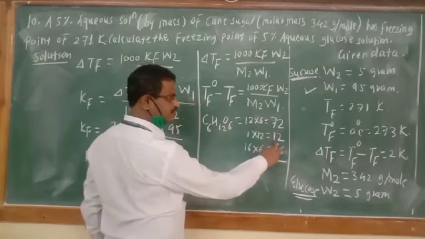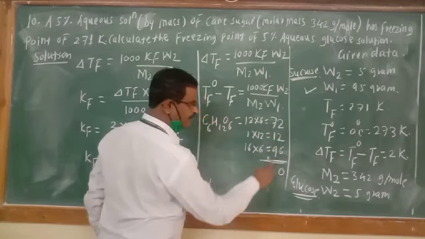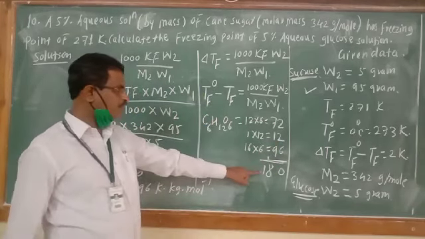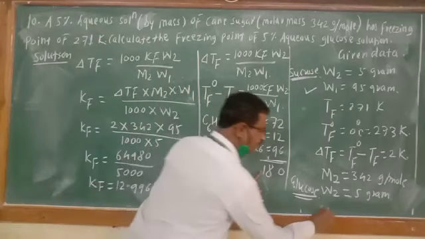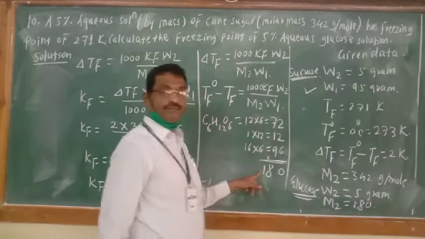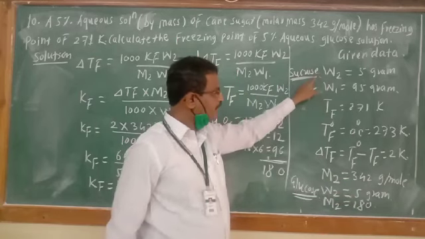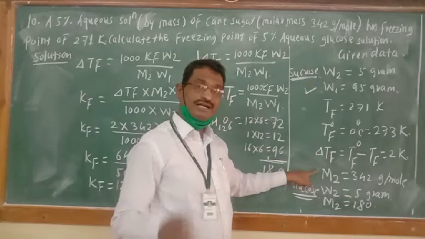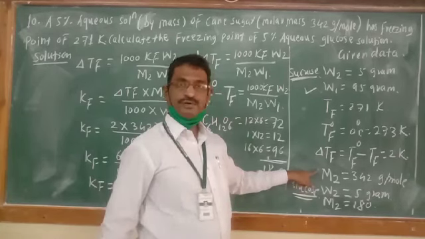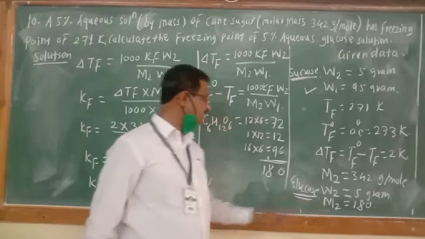Doing the summation, 6 plus 2 is 8, 1 is carried, 10, 18, 180. The molar mass of glucose is 180. Means M2 we have used 180 gram per mole. Over here we used 342, that is for sucrose. But now we have to calculate the freezing point of the glucose solution. Therefore, the molar mass of glucose we have to take as 180.